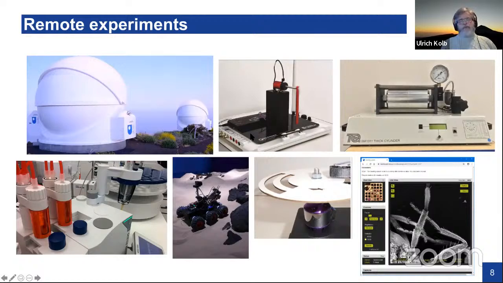We have a suite of remote experiments, all accessible via a unique interface or landing page, which distributes students out to these different bookable experiments with real-time access. And of course, Pirate and Coast is one.